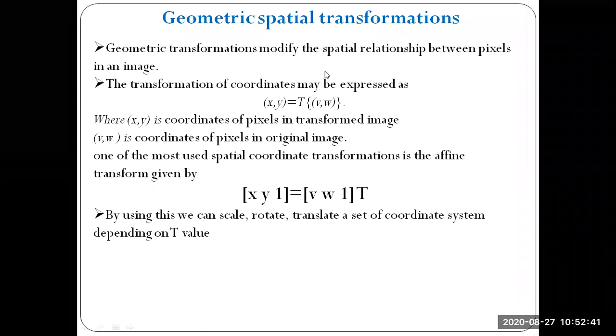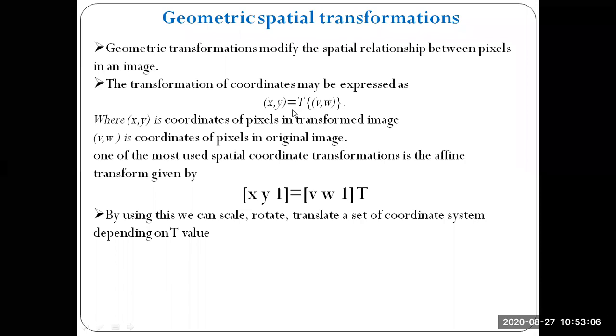Geometric transformations simply transform the images between pixel values. And here there is an expression. Suppose x,y is your input image, and after geometrical transformation, your image is called T of v,w. Of course, v is analogous to x and w is analogous to y.